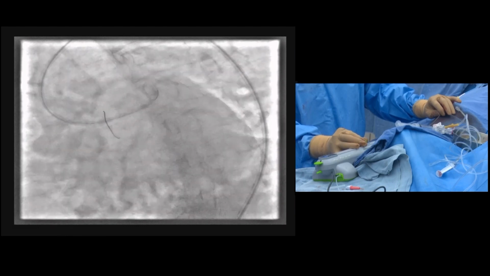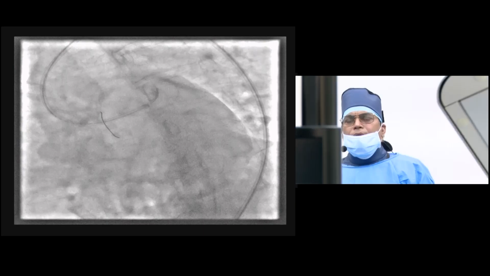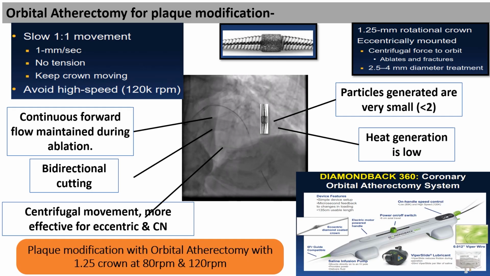Mainly the proximal segment is significantly calcified. So standard guidelines recommend using only 80,000 revolutions. Don't use 120,000 unless it is a very, very large vessel. Especially if the vessel diameter is small, don't go with 120,000 because the complication rate is very, very high.